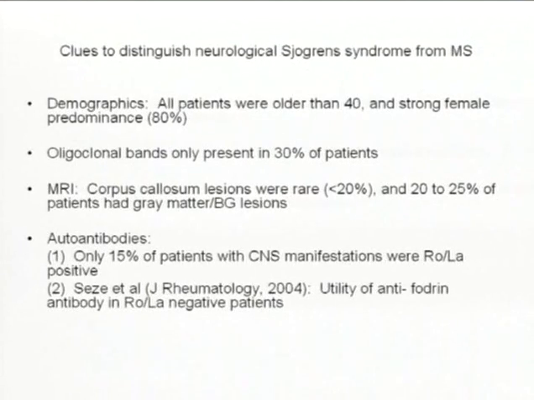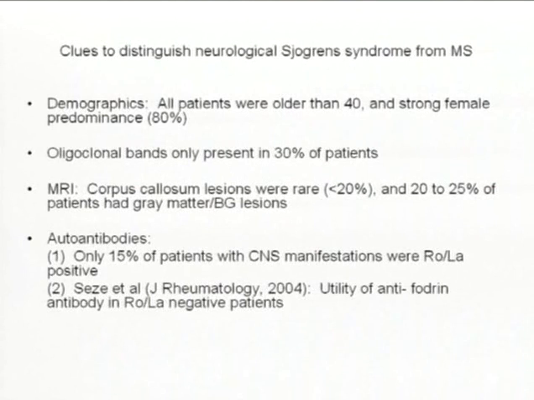So how can we distinguish neurological Sjogren's syndrome from MS? One is by demographics. All patients in Delalande's study of Sjogren's syndrome were older than 40, in contrast to the demographics seen in MS, usually between 20 and 40, and had a strong female preponderance, 80% of patients.